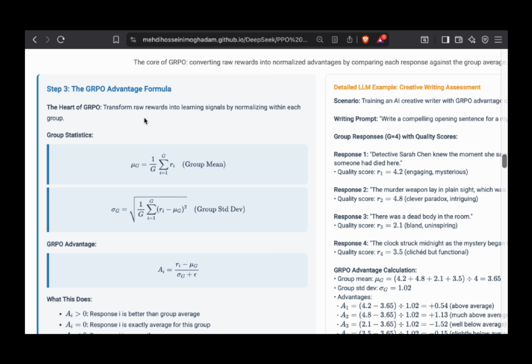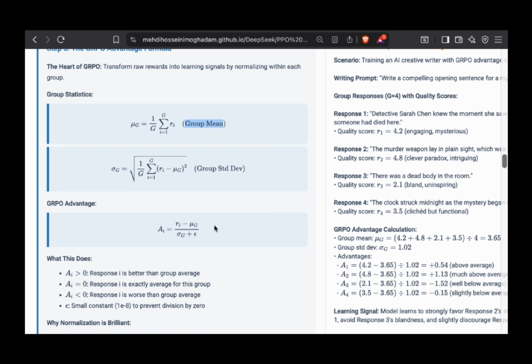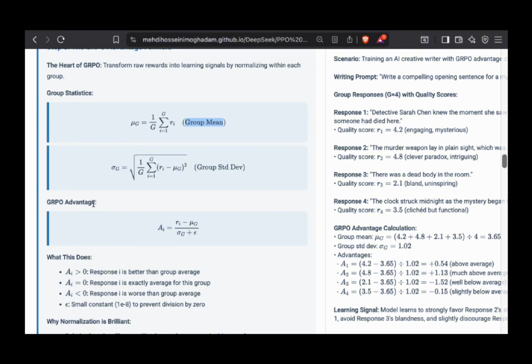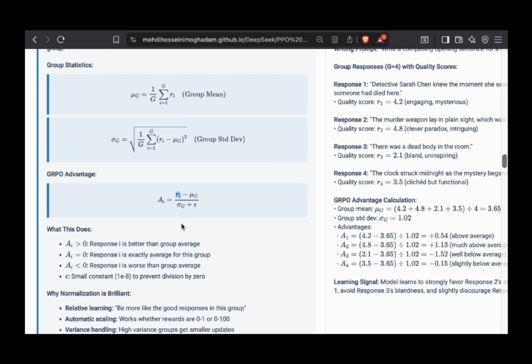What it does is transforms raw reward into learning signals by normalizing within each group. And so what we have is just group mean and the standard deviation, and the advantage would be just how each of those outputs did compared to the mean and standard deviation of the whole group.